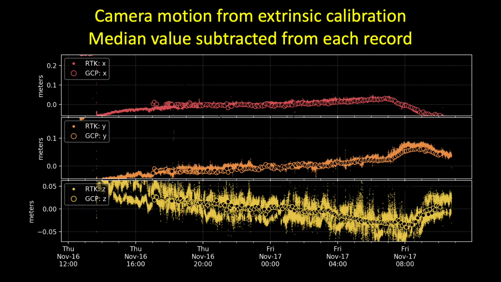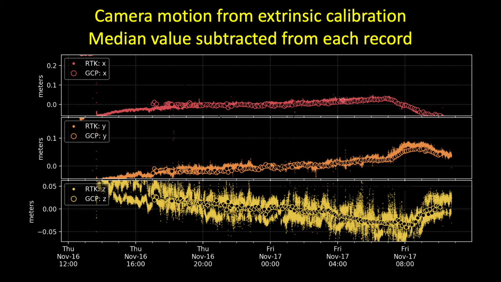If you're not familiar with that process, I would encourage you to check out Seth's talk, or there's a publication I'll reference at the end which gives all the details. But basically, the extrinsic calibration is the georeference calibration of the image, and the intrinsic calibration gives us the pixel by pixel calibration of the array and optical system. By combining those calibrations, we are able to measure with just the images the position of the camera.